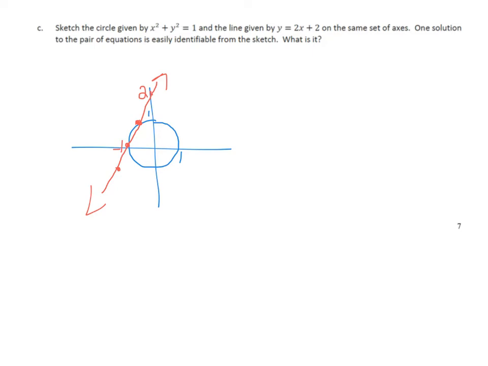From our sketch, we can see that the two equations are going to intersect at -1, 0. It's also going to intersect up here, but from this sketch we can't tell what the points are for that one. So now let's take a look at our first exercise, exercise 1.